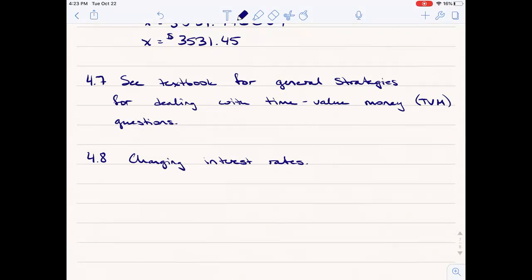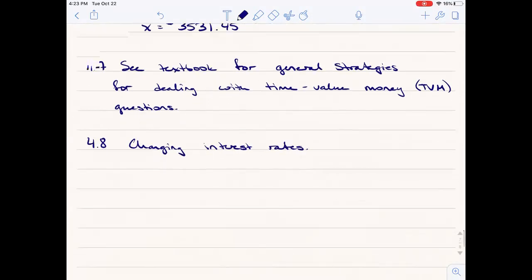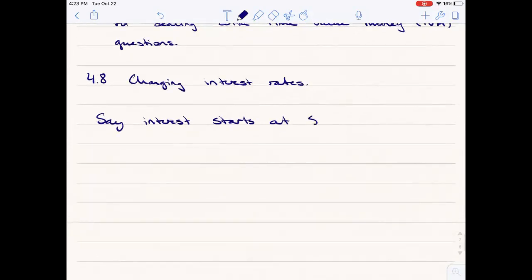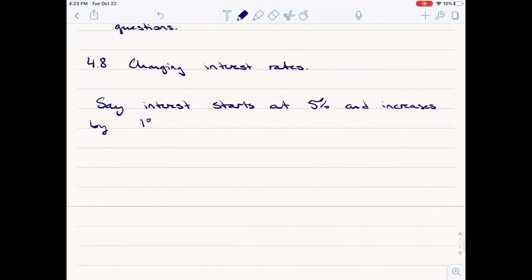And so, for example, say interest starts at 5% and increases by 1% every 4 months.